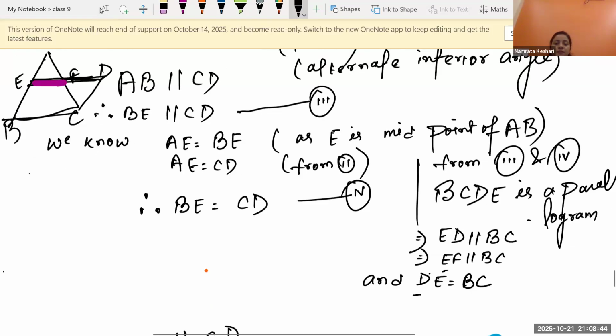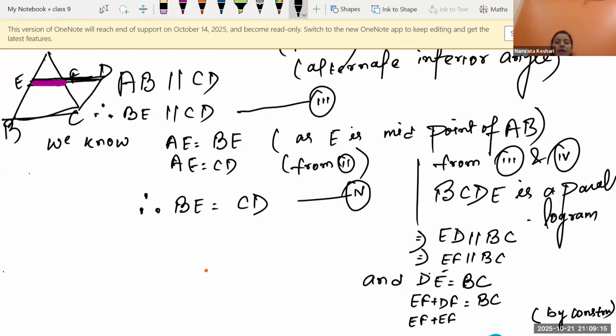Yes, ma'am. Okay, EF plus DF equals BC. But we have done the construction in such a way that we have maintained EF and DF the same. While doing the construction, we maintained these two lengths the same. So we will use this condition that EF and DF are the same. So in place of DF, we can write EF, by construction. That equals BC.